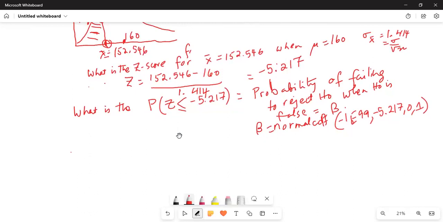Paste, enter, and enter, and that value of beta is almost 0.